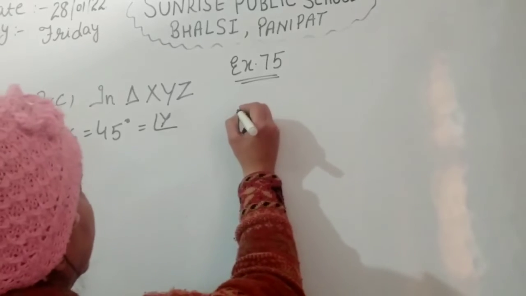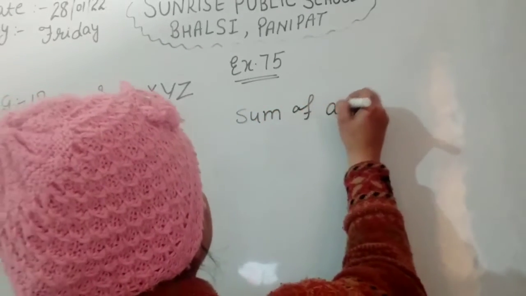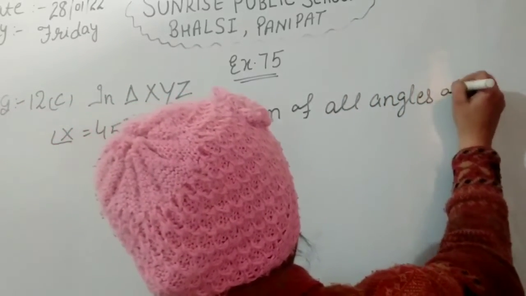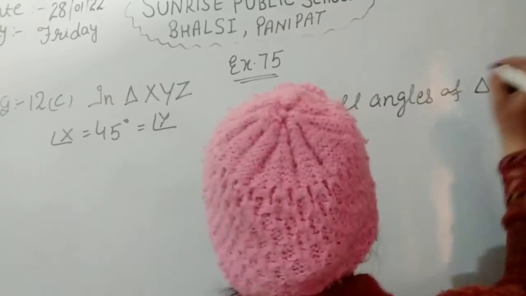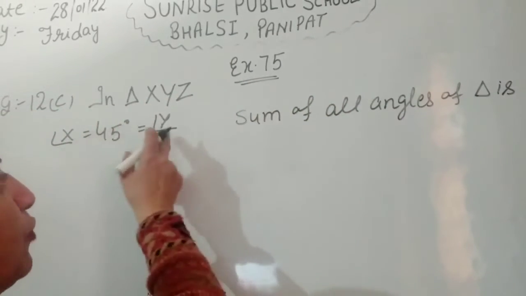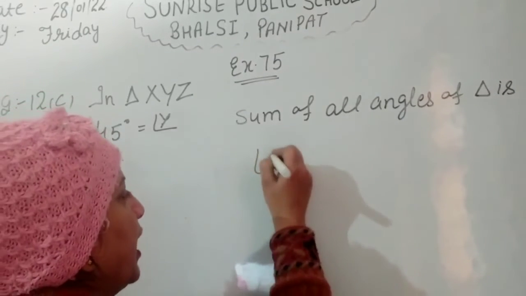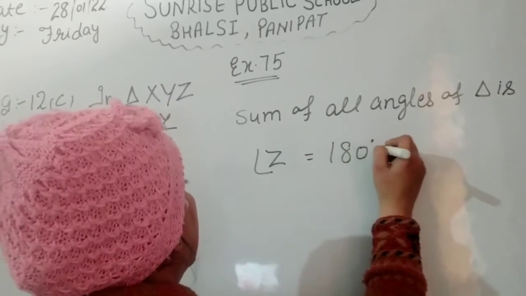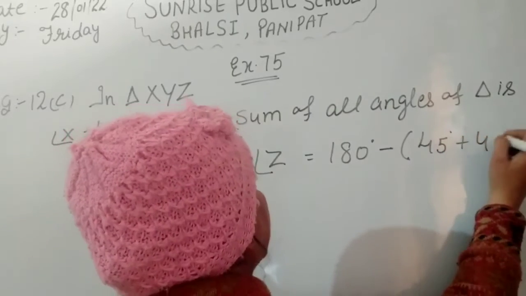So firstly we write: sum of all angles of a triangle is 180 degrees. Here two angles X and Y are given. So here we write angle Z is equal to 180 degrees minus (45 degrees plus 45 degrees).